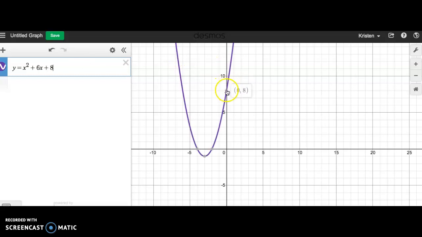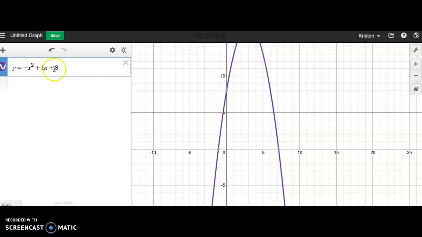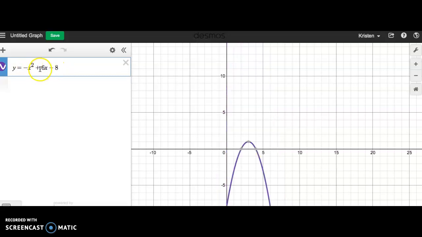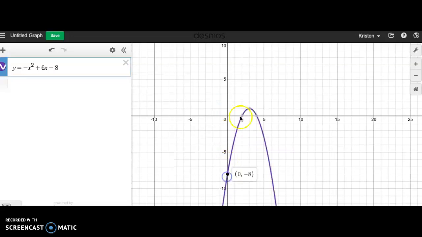If I'm trying to find y-intercepts, remember y-intercepts are present here. There's x-intercepts. And this point is your vertex. So just make sure you know the vocabulary well, right? Y-intercepts hit the y-axis. X-intercepts hit the x-axis. And the vertex is that max or min. If I make this negative, remember everything flips upside down, okay? So I still got my y-intercept, my vertex, and my x-intercepts.